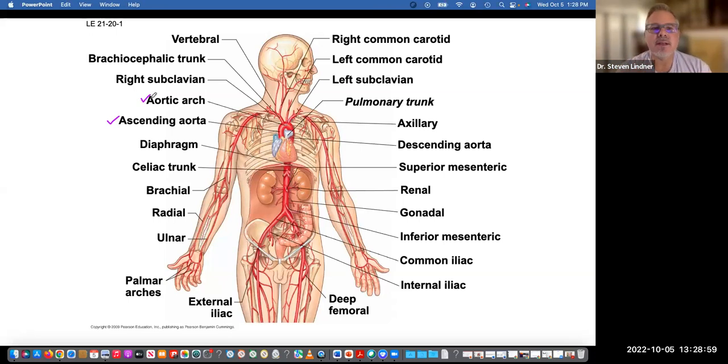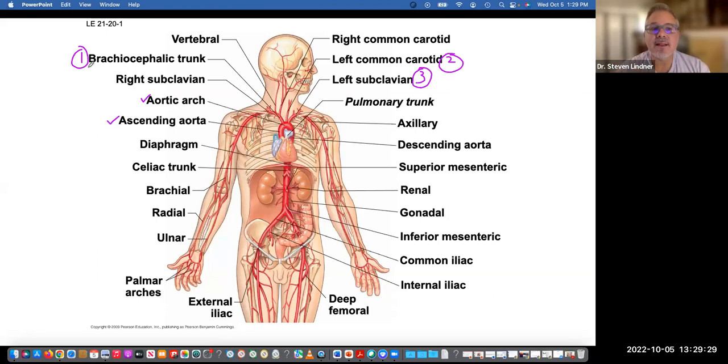There's one on the right side, one called the brachiocephalic trunk, and then there's two on the left side. There is a left common carotid, and then there is, number three, a left subclavian artery. Okay, left common carotid artery, left subclavian artery. Those are the three branches off the arch of the aorta.